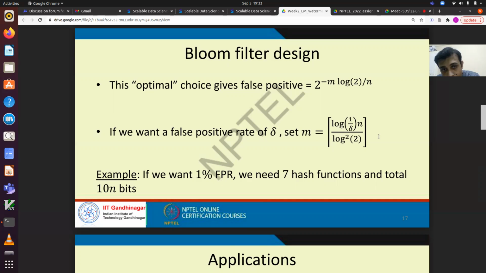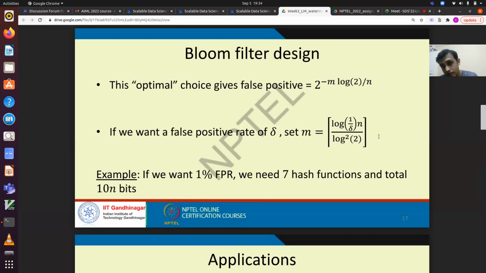The error rate will always decrease with an increase in the size of the Bloom filter, because there is always less and less collision. With the number of hash functions, it is not monotonic.